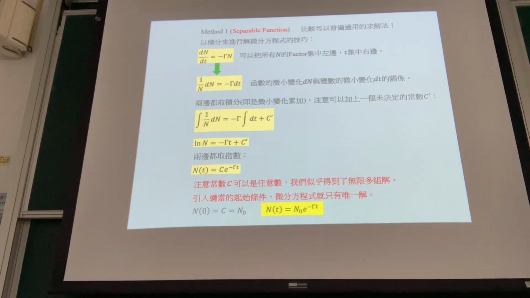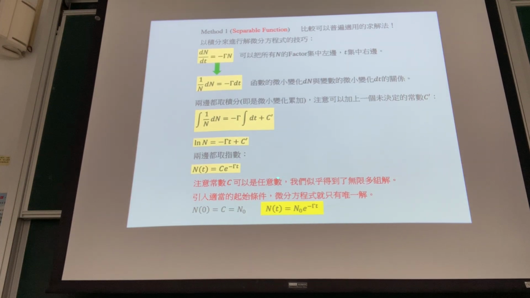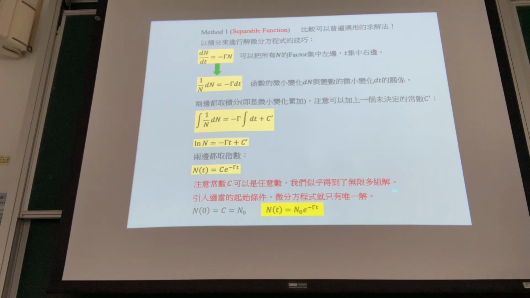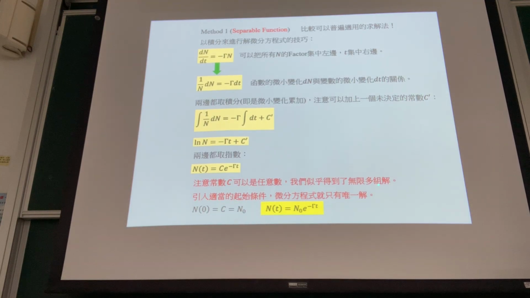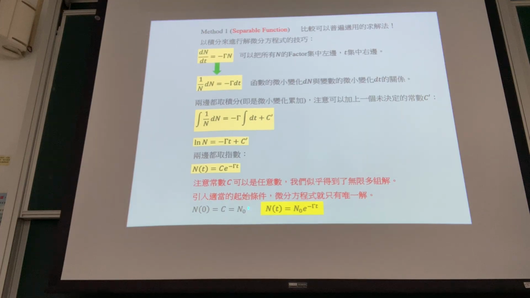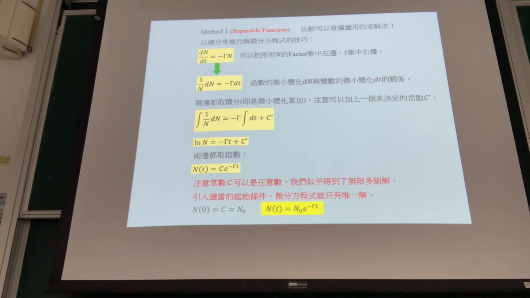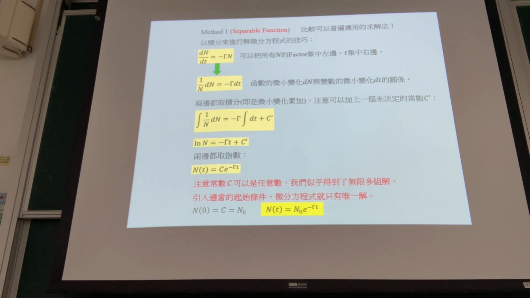Okay, because c is an unspecified number, we arrive at an infinite number of solutions. However, with the appropriate initial condition, there's only one solution, which is n0 exponential of minus gamma t, just like what we have already got.